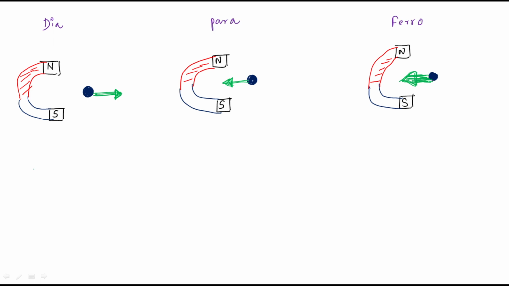Clear? Sorry, the material which is weakly repelled by a magnet is nothing but diamagnetic material.